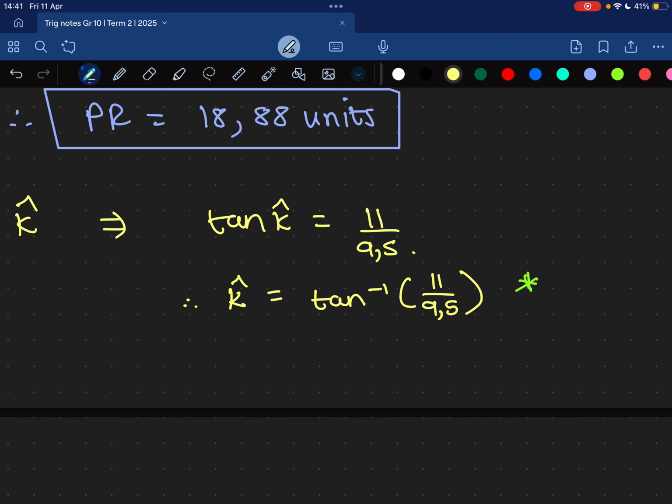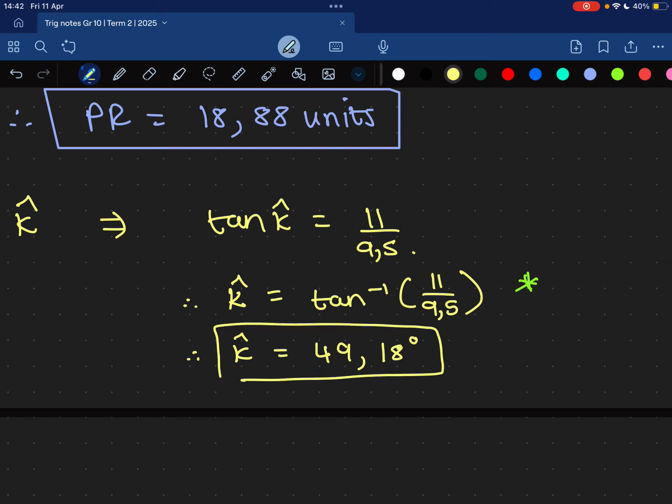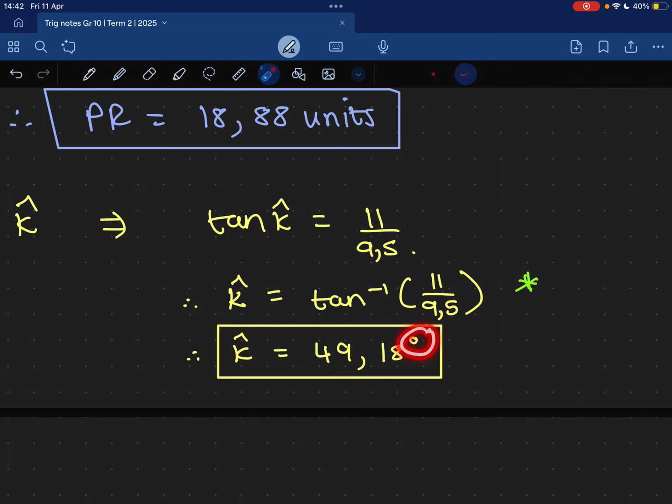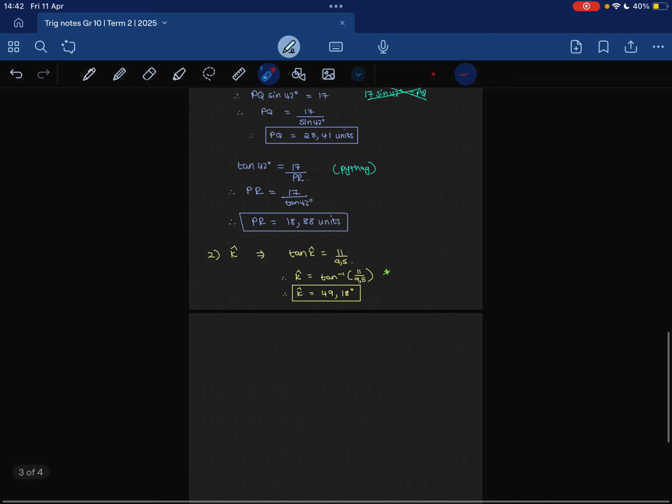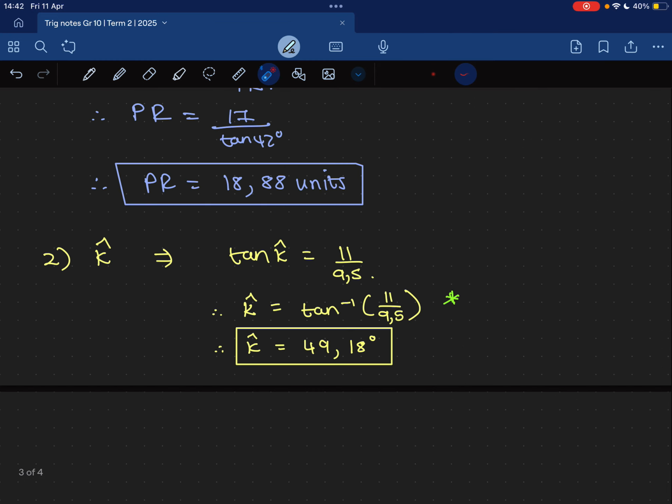So you're going to say shift tan of 11 divided by 9.5, which is going to be 49.18 degrees. Make sure that you don't forget this degree, otherwise you're going to lose a mark. You have to give the correct units in order to get the full mark.